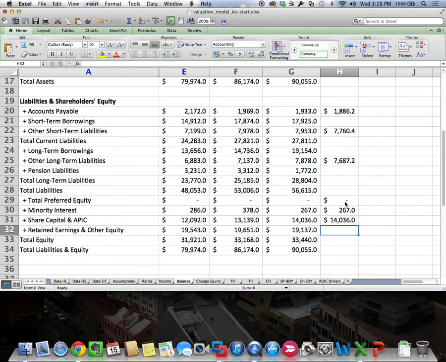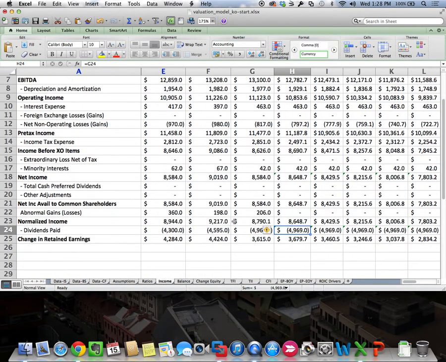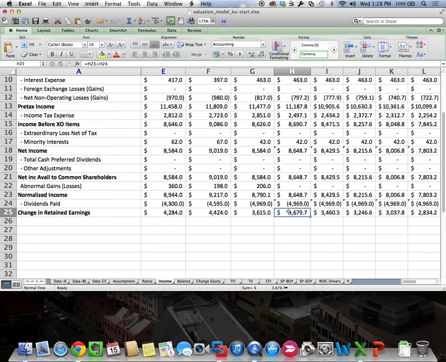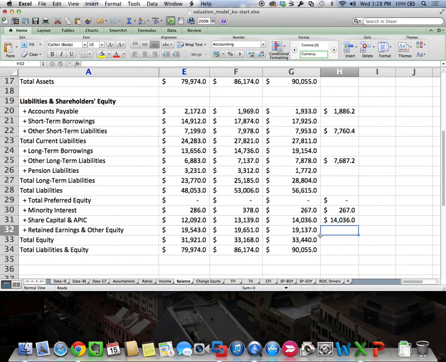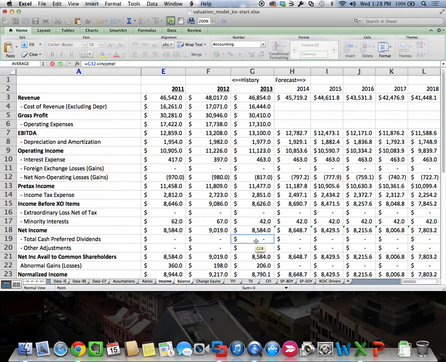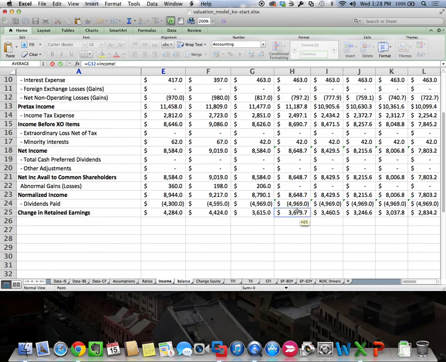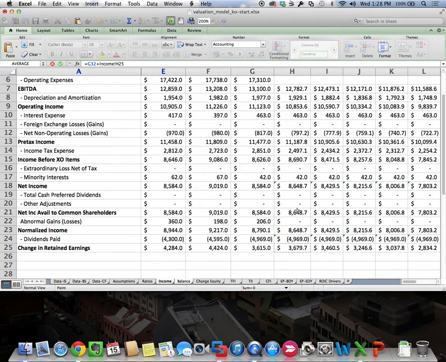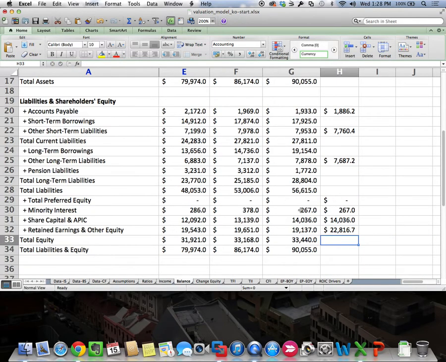So on the income tab, we had created a change in the retained earnings for the company. So what I'm going to do in the balance tab is say retained earnings for 2014 equals the 2013 retained earnings plus, from the income tab, the 2014 change in retained earnings, H25. That's going to be my retained earnings for next year.